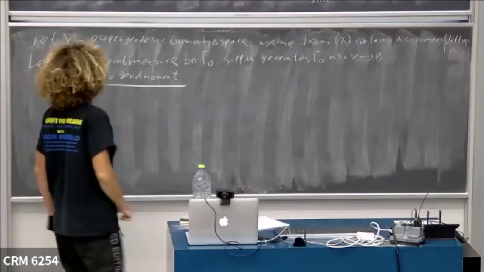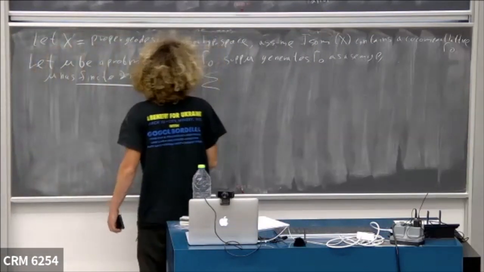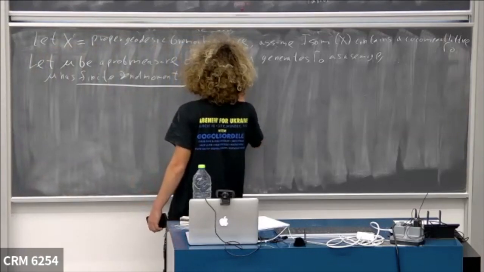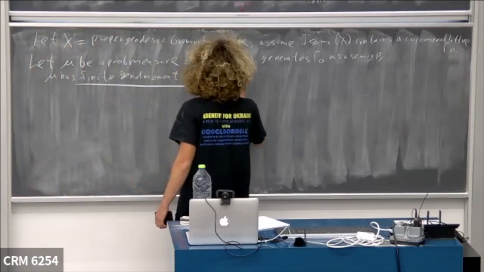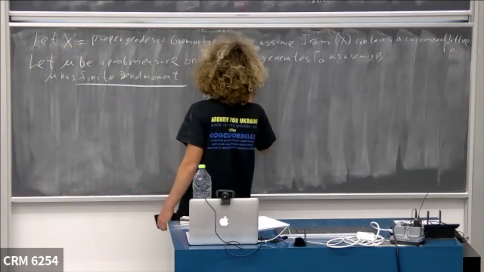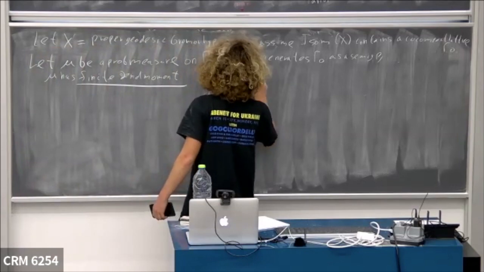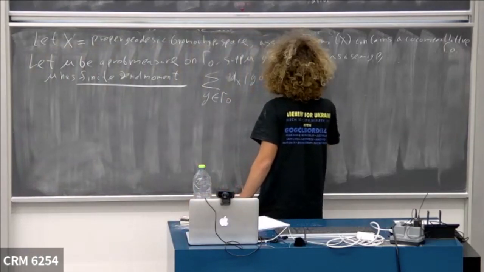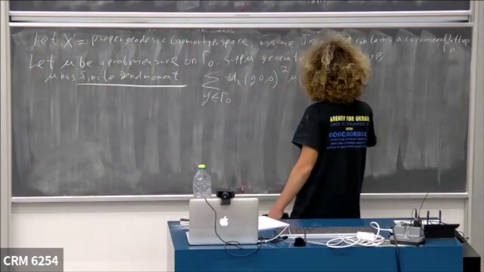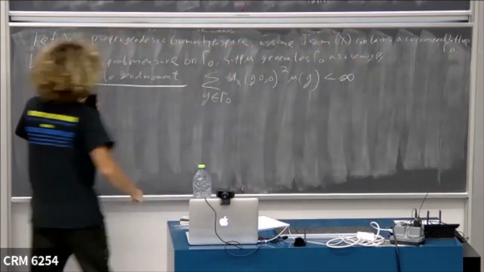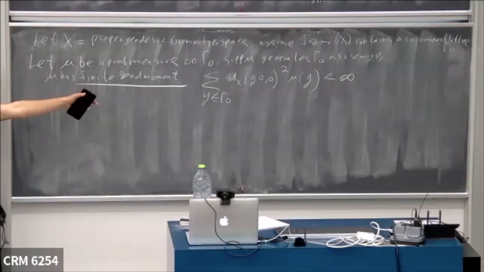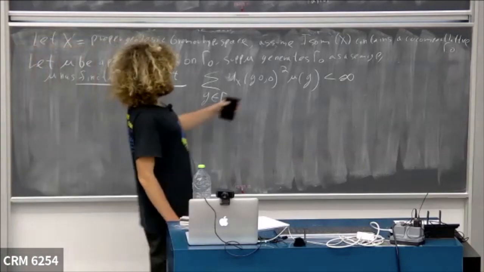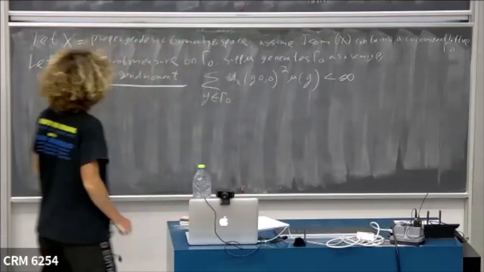Finite second moment means you take the sum over gamma 0 of the distance in X, squared, times mu of g, and this is finite. So in particular, if your support is finite, then you definitely have finite second moment, but we're going to have occasion to work with infinitely supported probability measures as well. So this is important.